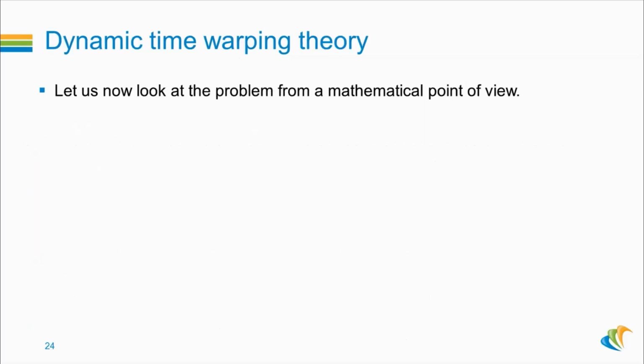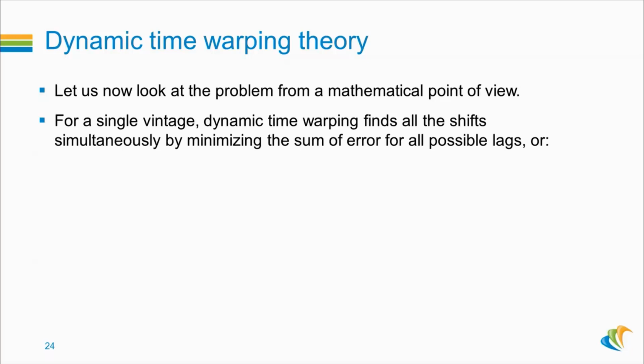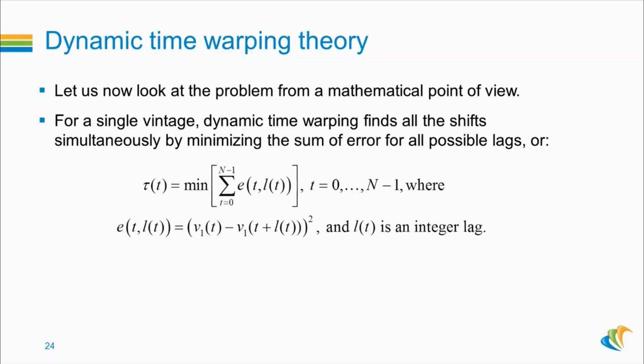the GLISP data. So mathematically, for a single vintage, dynamic time warping finds all the shifts simultaneously by minimizing the sum of error for all possible lags. So here we're saying, let's look at all the possible lags, L of t, where L of t is an interlag, and let's minimize the error between the time and all possible lags.